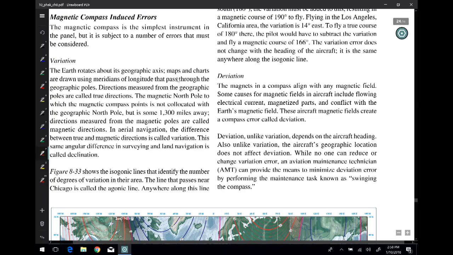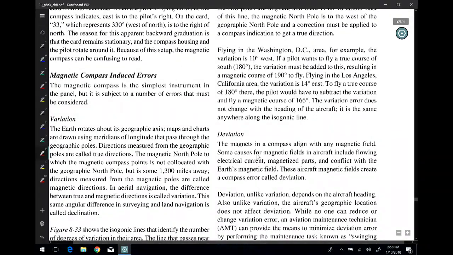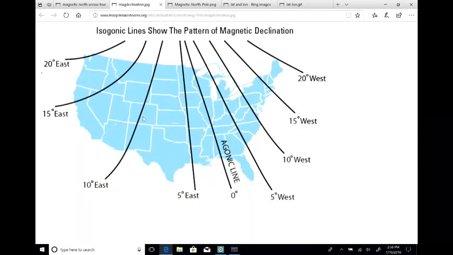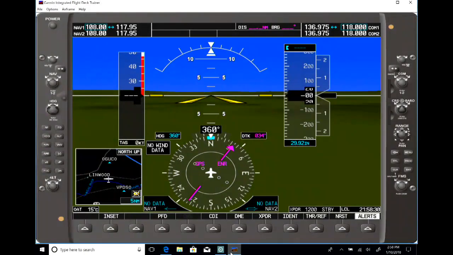We also have something called magnetic deviation. Variation happens on a map. Deviation happens in the cockpit. And here's what happens. Inside the cockpit, you've got all of these electrical instruments, right? You have stuff in your aircraft that kind of looks like this. Do you think that there's a lot of electricity bouncing around inside the cockpit of your airplane?